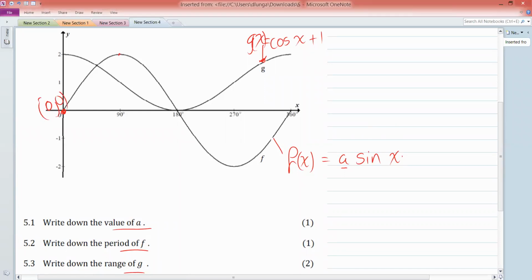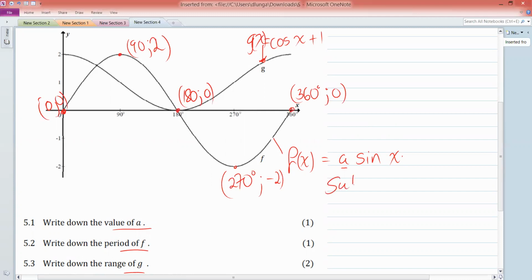Then we have this one, which is 90 and 2. Then this one, which is 180 and 0, then 270 and -2, and 360 and 0.